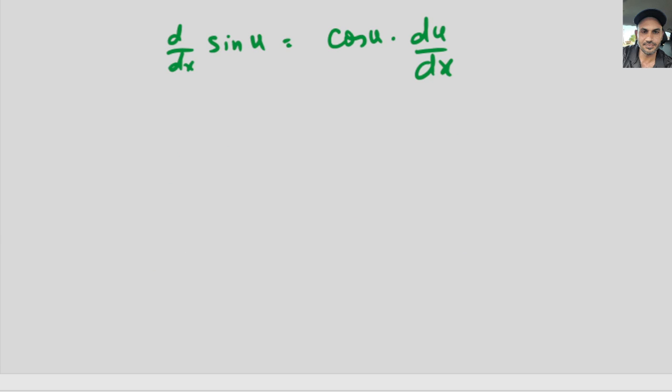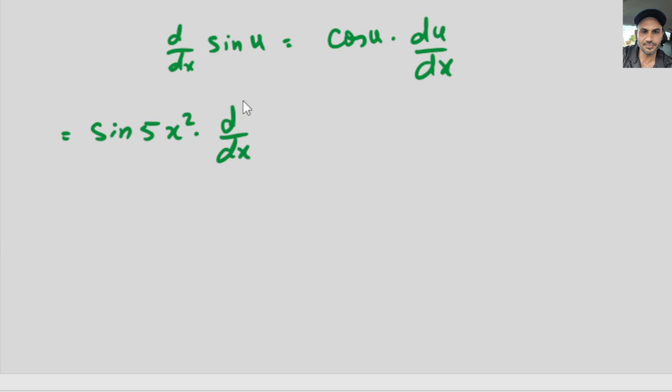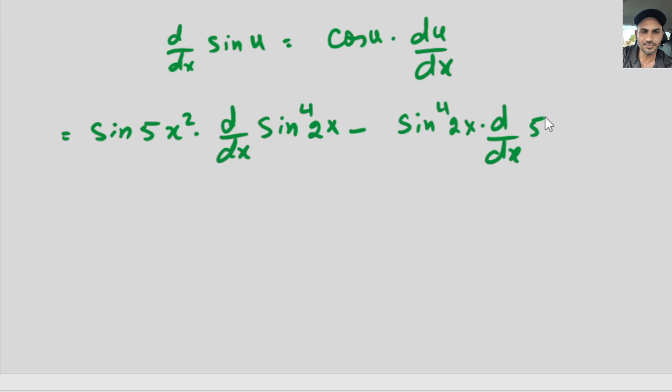We get sine of 5x squared times the derivative of sine to the fourth of 2x, and then we have sine to the fourth of 2x times the derivative of sine of 5x squared.